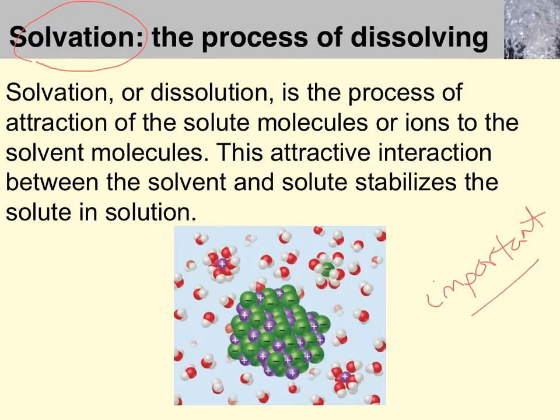And what that depends on is how attracted the solute and the solvent are to each other. In order for a solute to dissolve in a solvent, there have to be some really strong intermolecular attractions between the two. So if there are attractions between the solute and solvent, that is called solvation, and dissolution will occur.